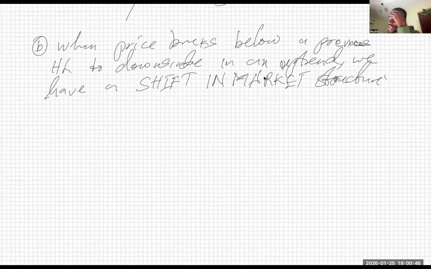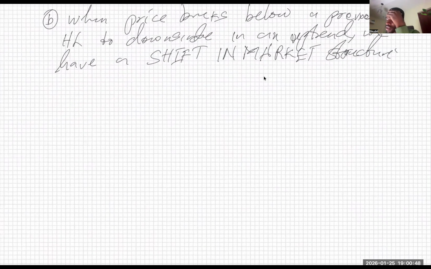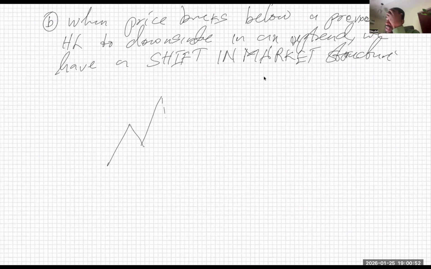Now, what do I mean? Let's say we're having an uptrend where price is creating a series of higher high, higher low, higher high, and then price starts retracing to the downside. And instead of stopping to form a higher low and push up, price breaks this last higher low to the downside. This whole behavior of price here is what we call a shift in market structure.